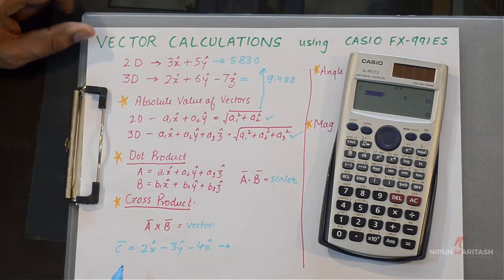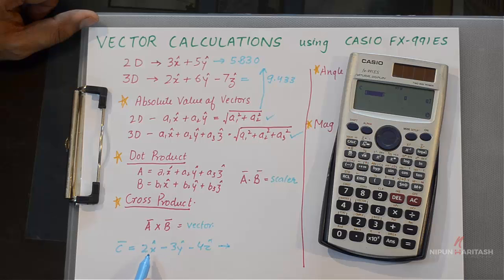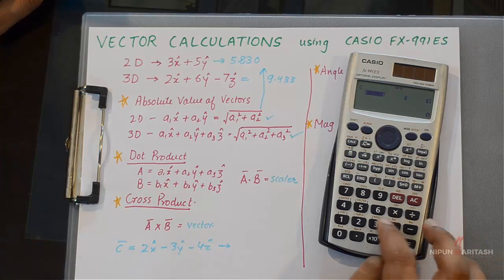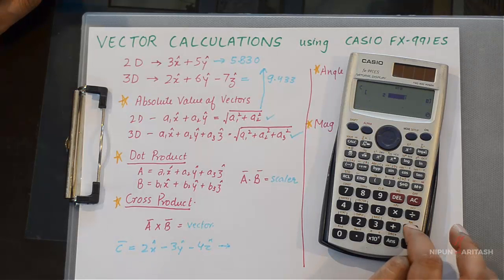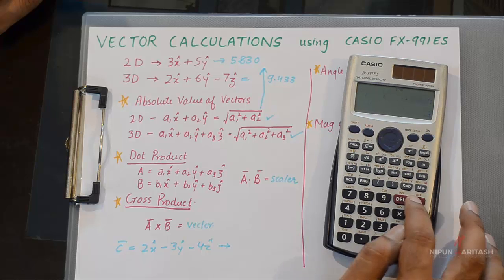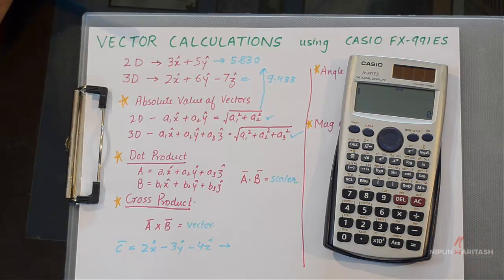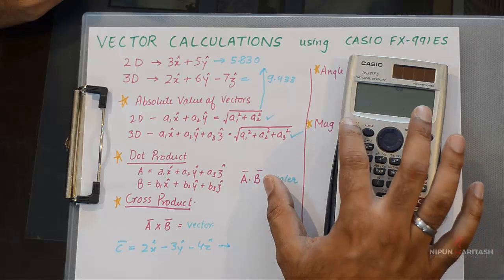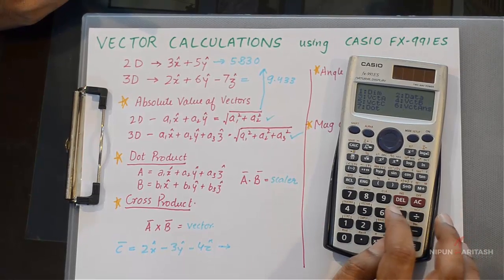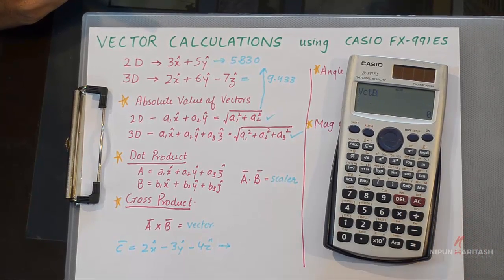Alright, I'll make a new vector C, which is 2x cap minus 3y cap minus 4z cap, and I'll enter these values in the calculator as 2, minus 3, minus 4. Alright, once the values are entered into the calculator, we can go back to vector options, and now we can select vector B by pressing 4.